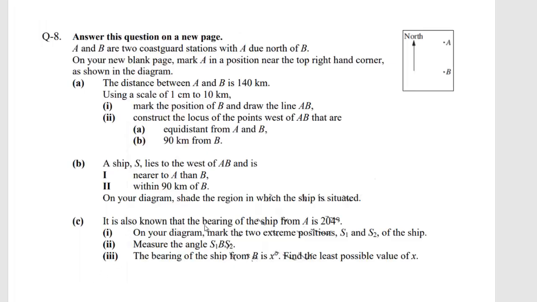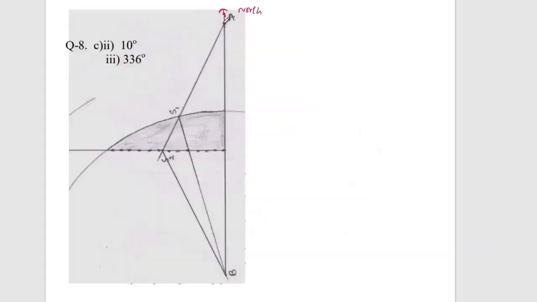It is also known that the bearing of the ship from A is 204 degrees. On your diagram, mark the two extreme positions S1 and S2 of the ship. So if we extend this line to show the north side, this angle will be the bearing, 204 degrees, measured clockwise from the north.